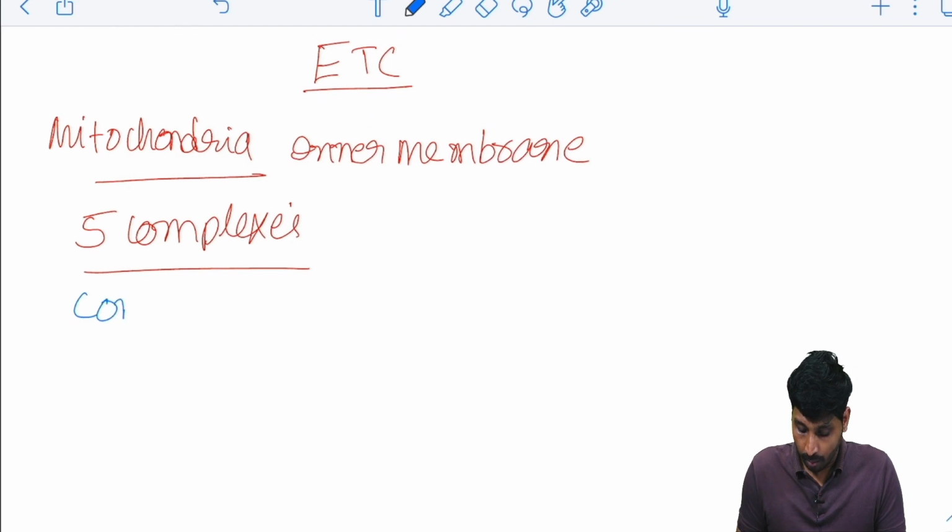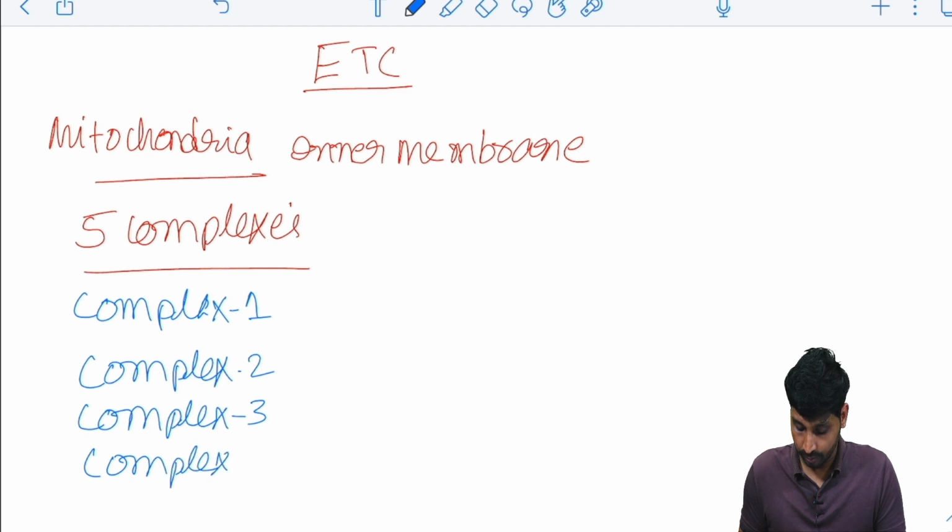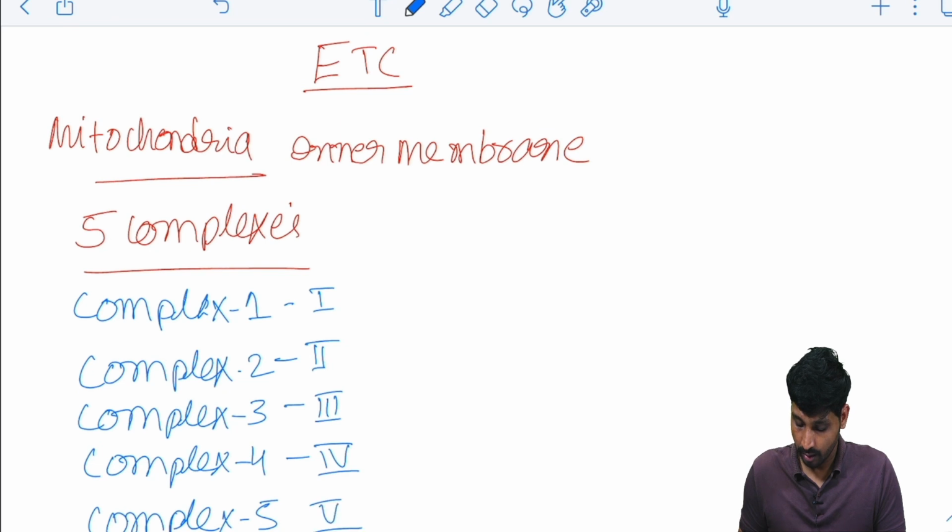They are complex 1, complex 2, complex 3, complex 4 and complex 5. Here again you can write them with Roman numbers 1, 2, 3, 4 and 5.